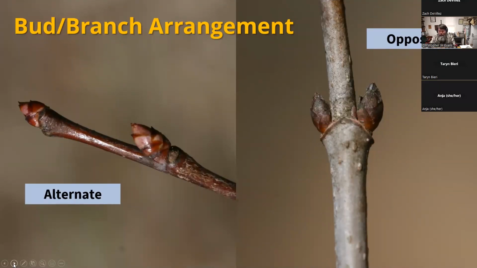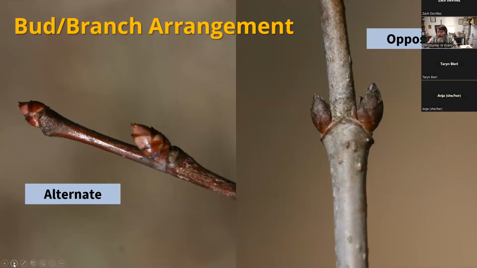They fall into those same categories as the leaves, where we have some tree species that have twigs with alternate buds, which means there's one bud at a time. It may be one bud on the right side of the twig, and then it comes down a little bit, and there's a bud on the left side of the twig, but it's one bud at a time, and it alternates along the twig. So those are alternate, and the majority of our tree species fall into that category.